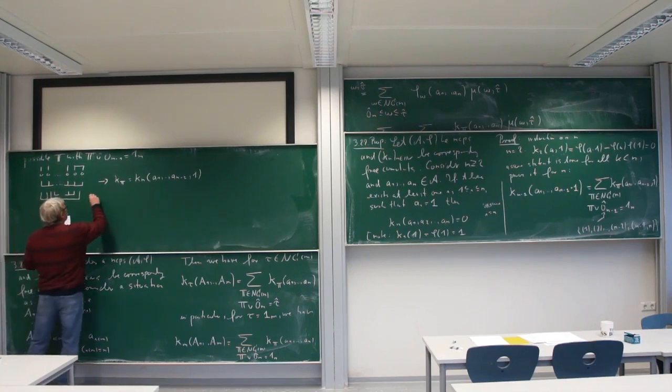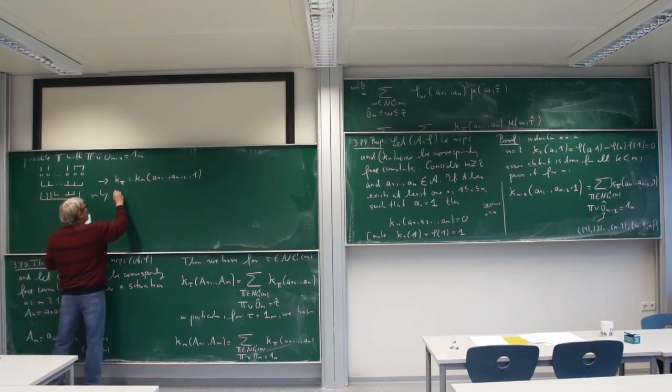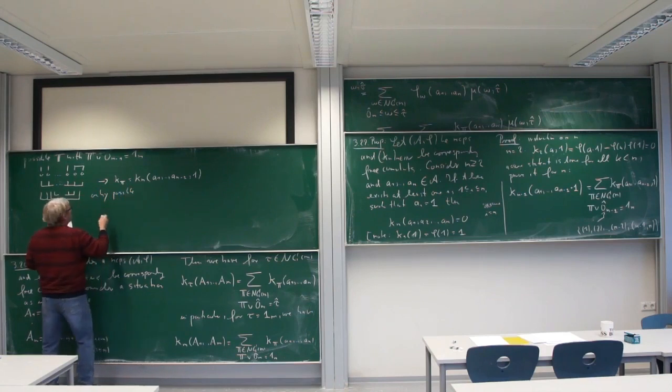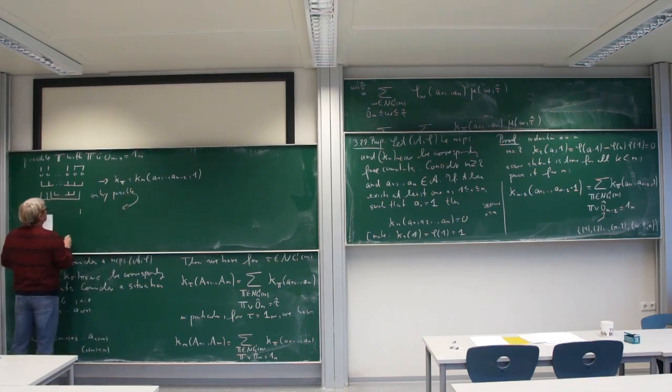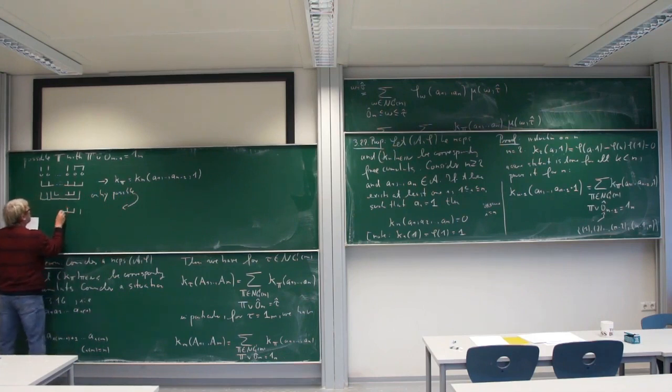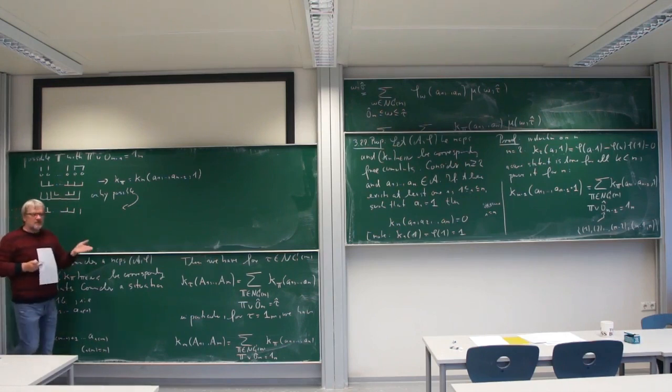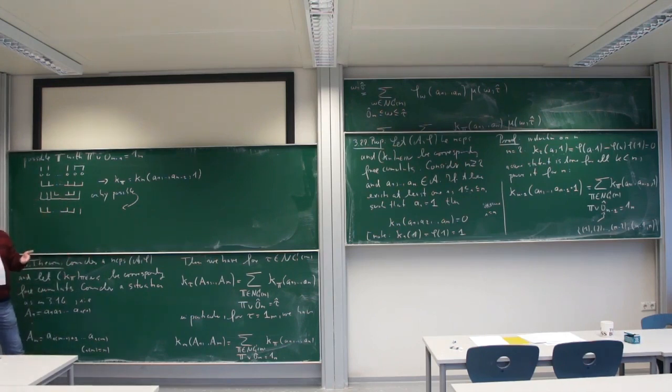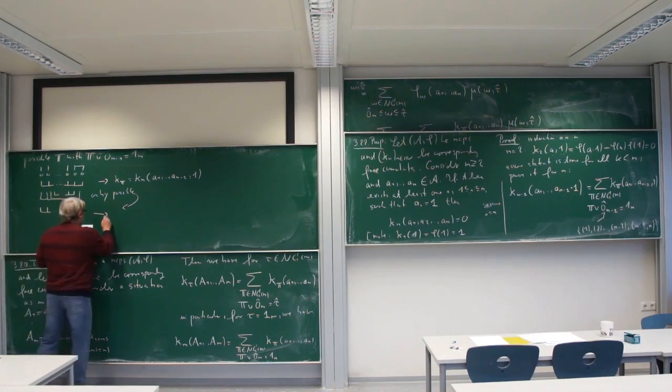So this is only possible actually for this situation. So I have this, and then I connect here all the rest. Because if this here is connected to anything else, then I would have a cumulant which has n greater than 2, and by induction hypothesis we already know that they are 0, because they are smaller than n. So it's only possible for this, and this gives me the contribution.